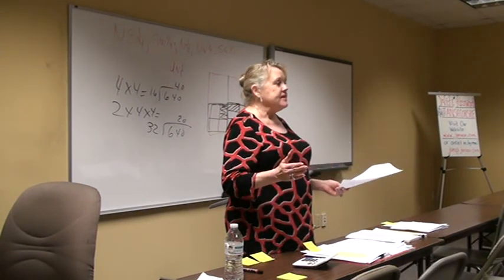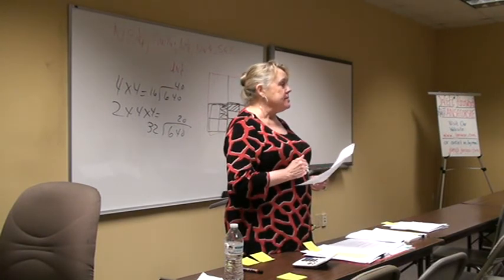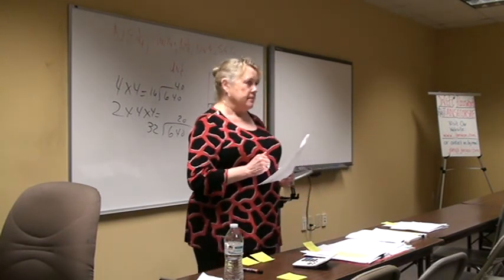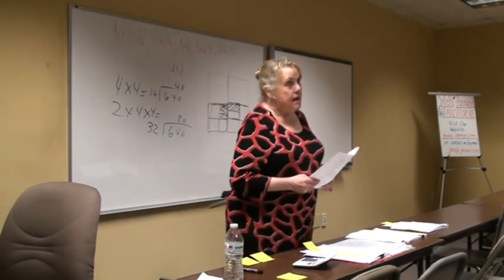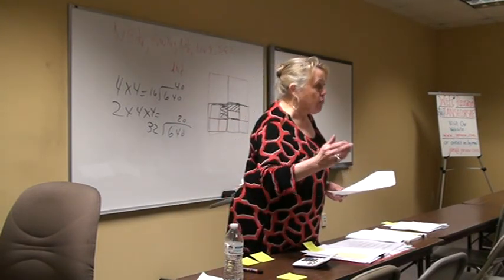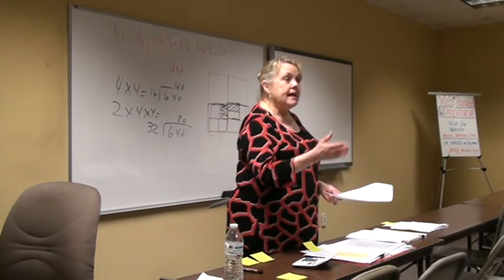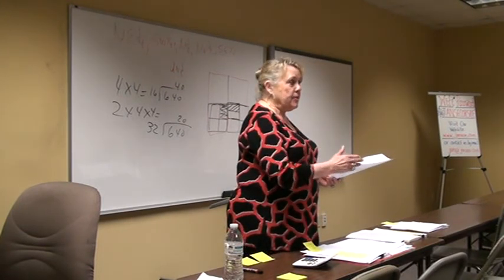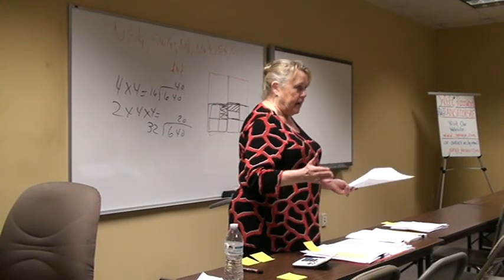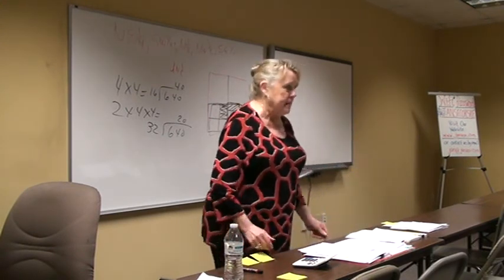The real estate commission says if you're advertising square footage, you need to know how to measure it. Now, it would be okay for you to call an appraiser and say, will you come measure this for me? It would be okay if there was somebody experienced in your office to help you do it, but you shouldn't use other people's numbers.